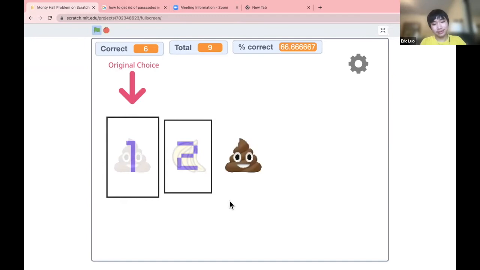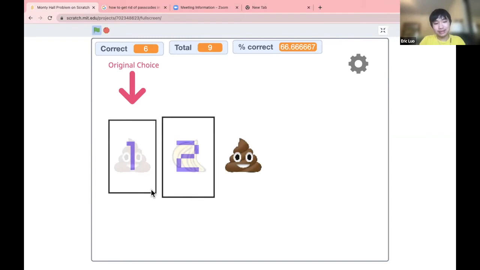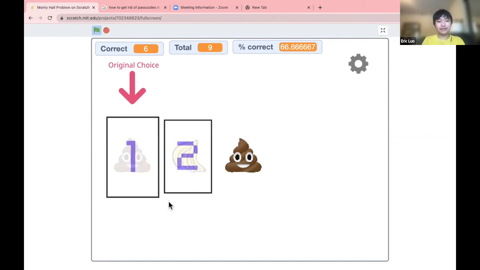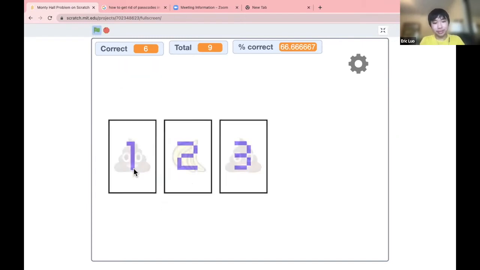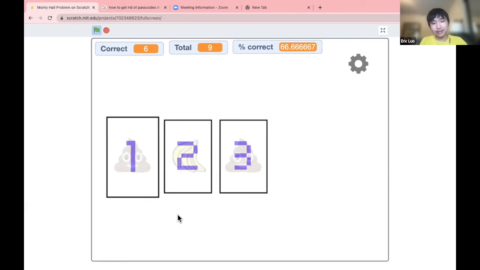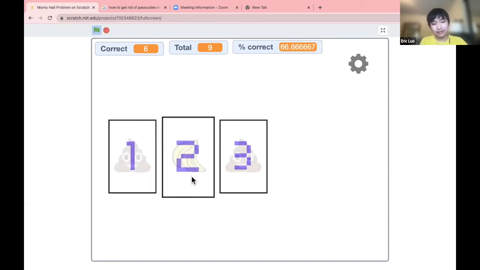Because if we reveal this door, we see that the other poop must be revealed, meaning the other choice must be a banana. So if we chose a piece of poop first, then switching will always yield a banana. If we chose a banana first, then switching will always yield poop, right?